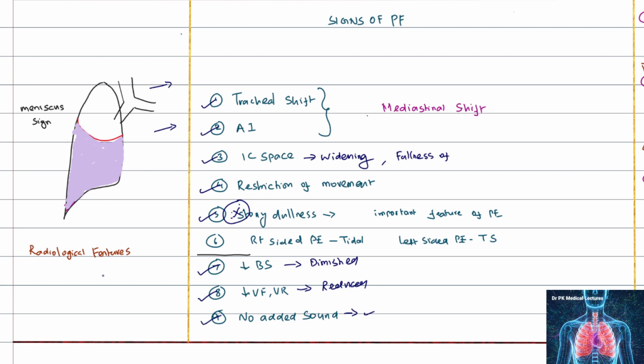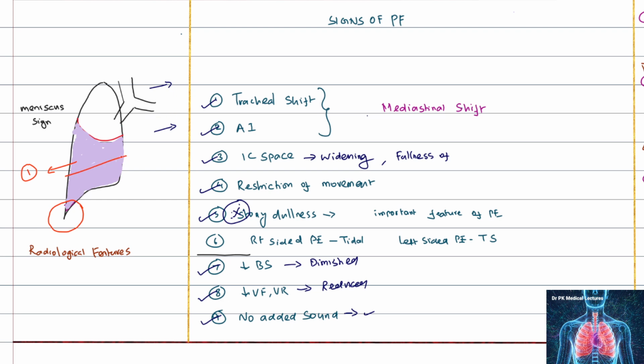Then regarding the radiological features of pleural effusion, the most striking is homogeneous opacity. That is, the opacity will look like a cardiac shadow. Then obliteration of the costophrenic angle. Then mediastinal shift away from the side of lesion.